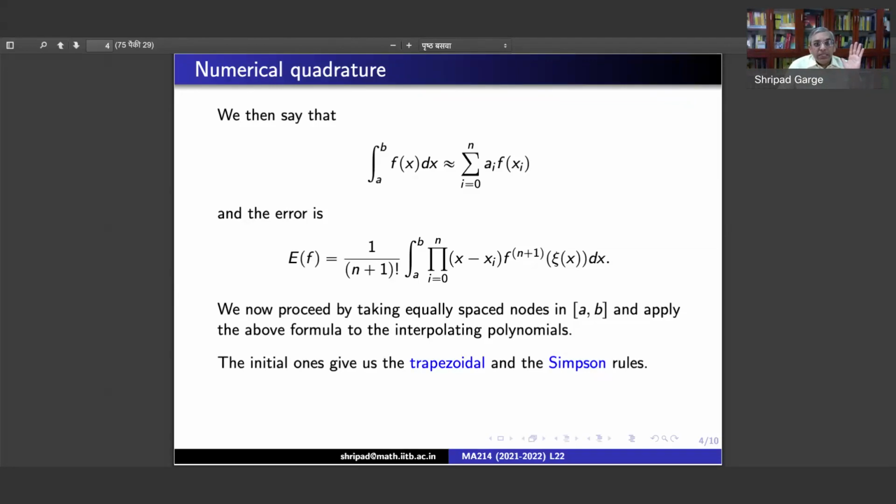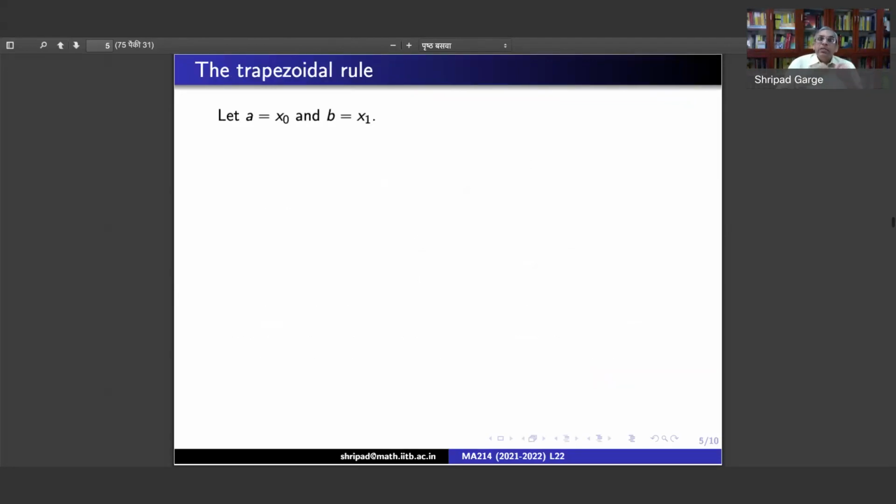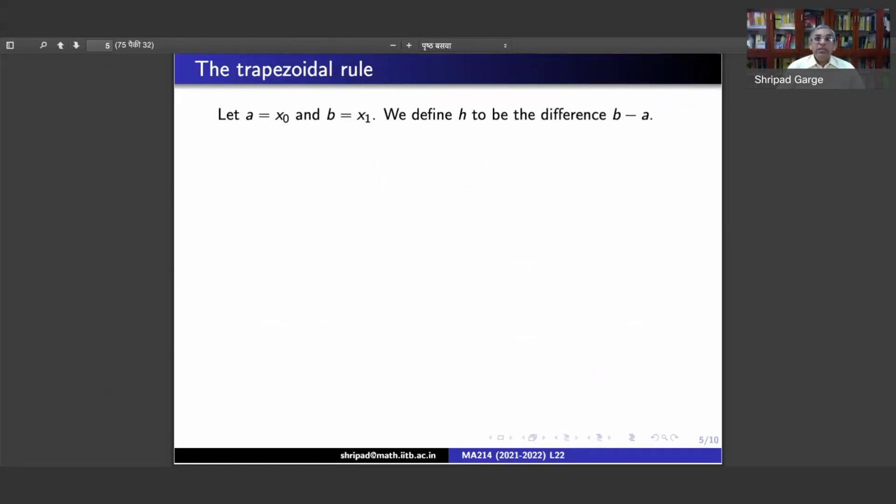The trapezoidal rule is obtained by taking the two endpoints and joining them by a straight line. So we have x0, which is a, and x1, which is b, because we are only taking two nodes. Therefore, n is 1, and we define h to be the difference b minus a to ease our computations, and use the linear polynomial P1, which interpolates our function on these two nodes, x0 less than x1.